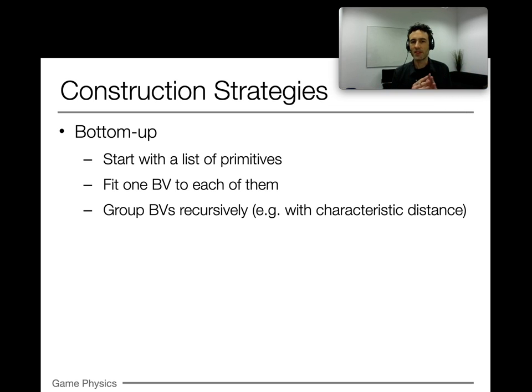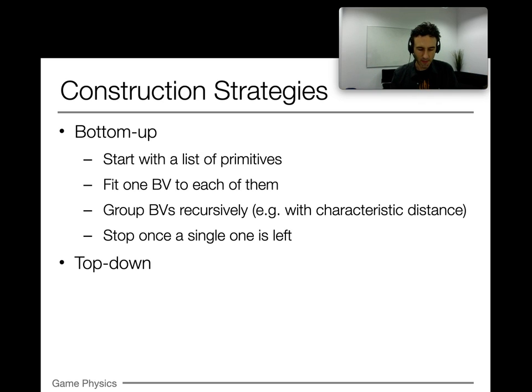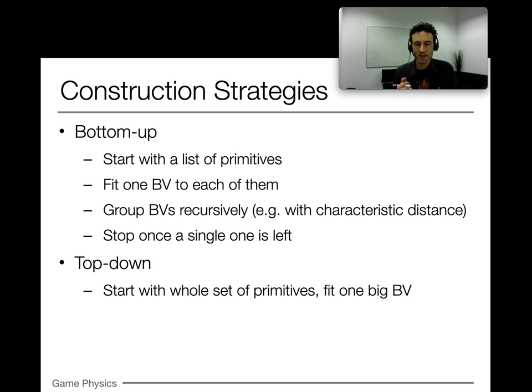For example, by finding some characteristic distance, if it's a pre-computation, we might be able to spend more time, or some rough estimates of how they are arranged. And then we fit a new bounding volume, whatever it is we're using, oriented bounding boxes, around this group. And then we start grouping the groups until we're just left with one big bounding volume for everything. Top-down is the other variant that I just illustrated with this S. Start with one big one and then subdivide.